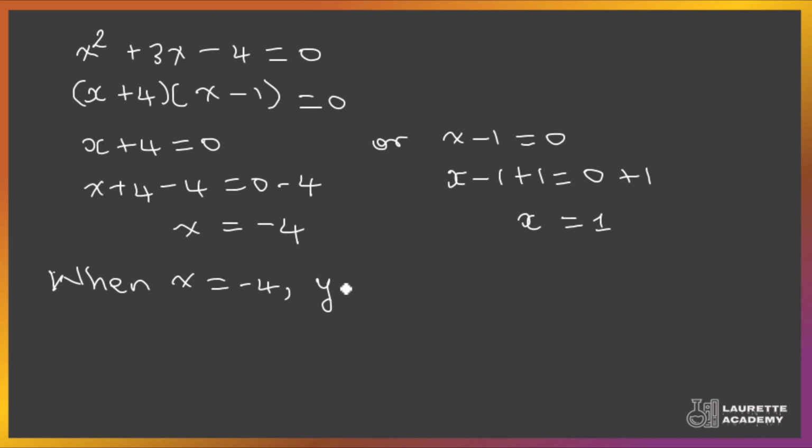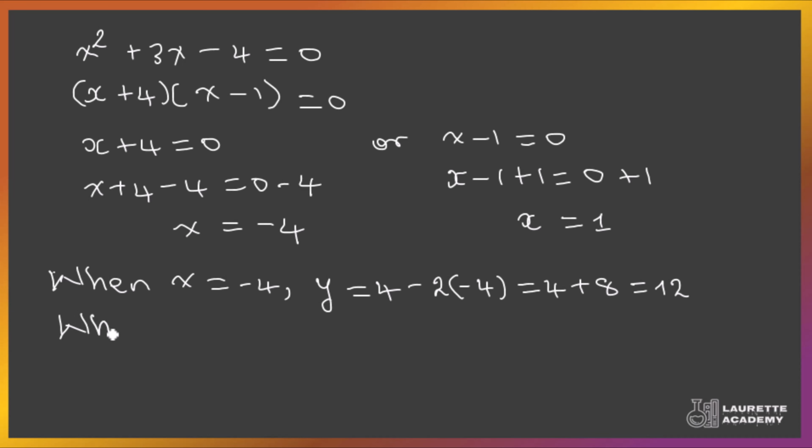we'll have that y is equal to 4 minus 2 times minus 4. This is equal to 4 plus 8, which is equal to 12.